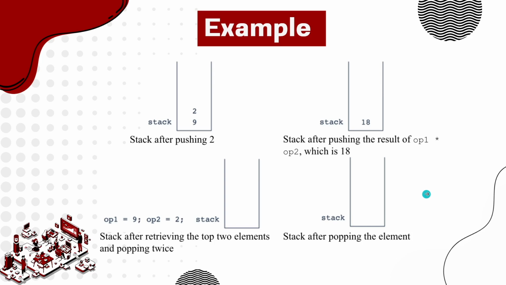Once we have reached the end of input, as I said before, we pop the entry left on the stack, which is the result of the computation: 18 is popped out as the result of evaluating the given postfix expression.